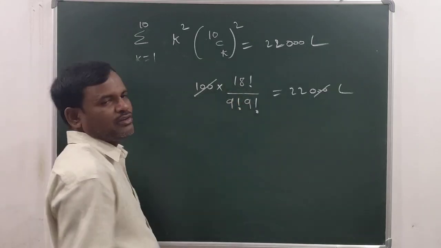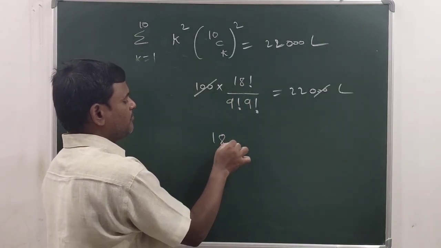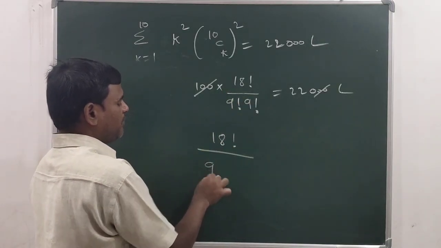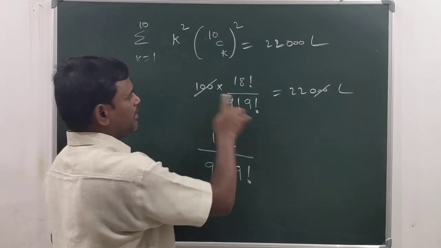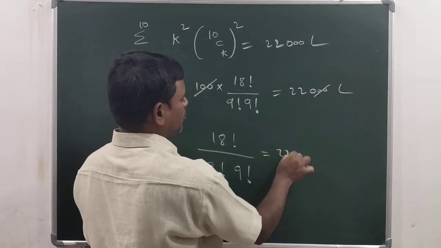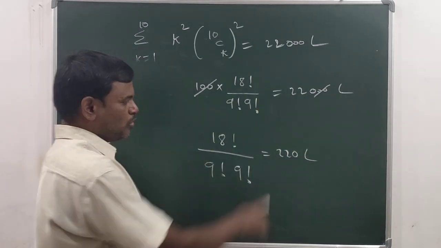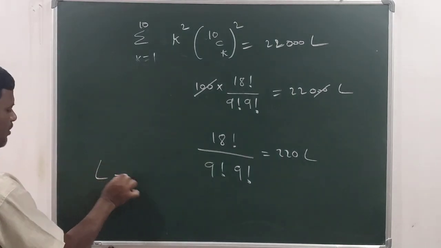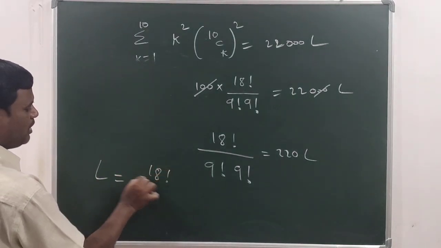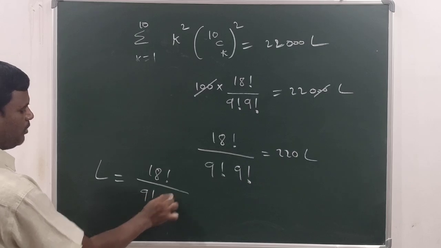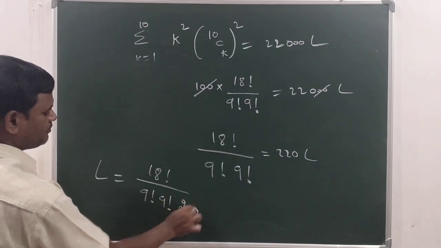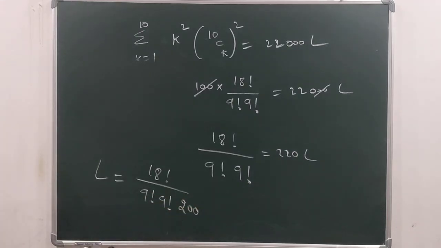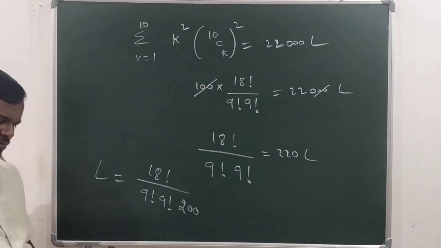So what is left? 18 factorial by 9 factorial into 9 factorial. Here 100 cancelled, 220 L. So bring it to the left side. Your L will become 18 factorial by 9 factorial into 9 factorial into 200. So this is your required result for L.